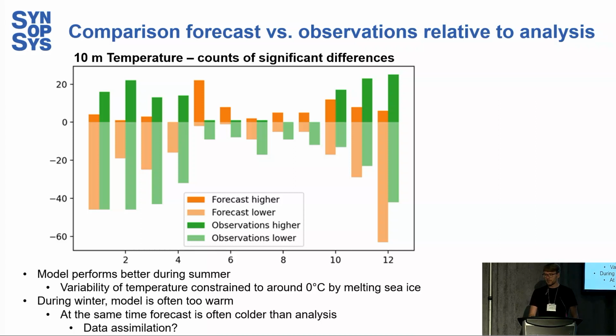But in winter, we see that the observations relative to the analysis are often too cold. That's what I've been talking about before. But as well, we see that the forecast also is often lower than the analysis, and that could hint that one of the problems is actually in the data assimilation. So the model tends towards colder temperature, but is initialized warmer than it was observed.